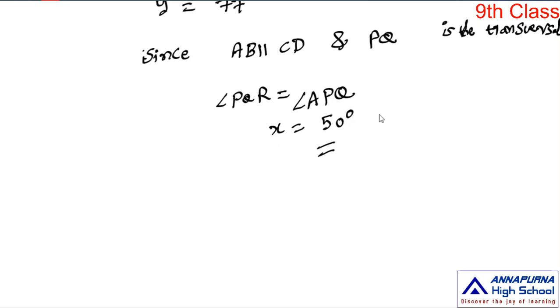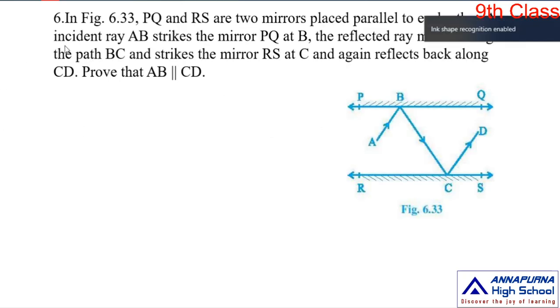This is the fifth problem. Sixth problem. In figure 6.33, PQ and RS are two mirrors placed parallel to each other.